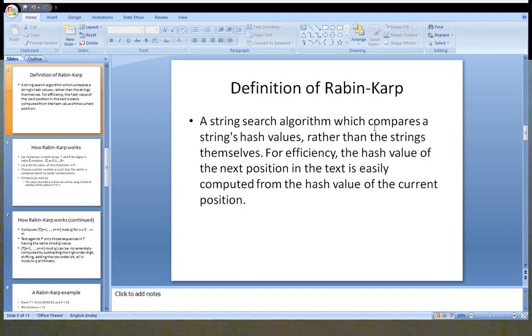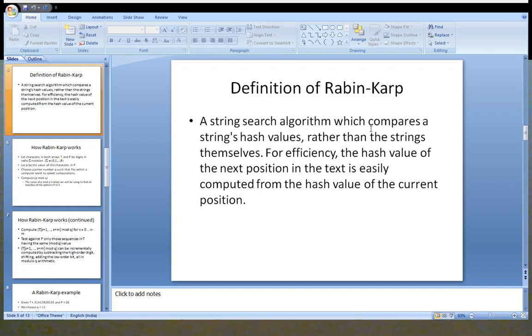Similarly, we shall find the hash value corresponding to the given text. By taking the hash values, if the hashes of the two sequences are not the same, then we can very easily say that the sequences are not the same.